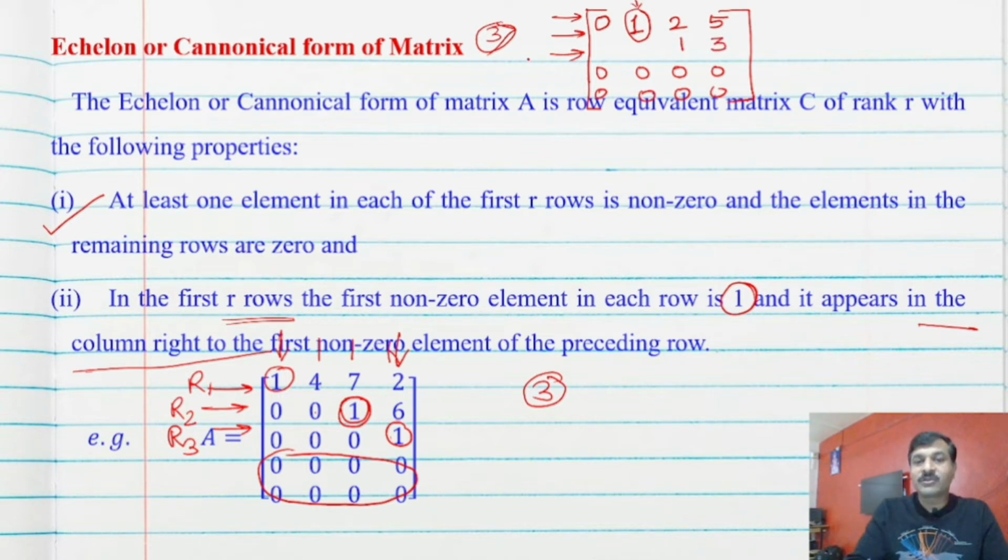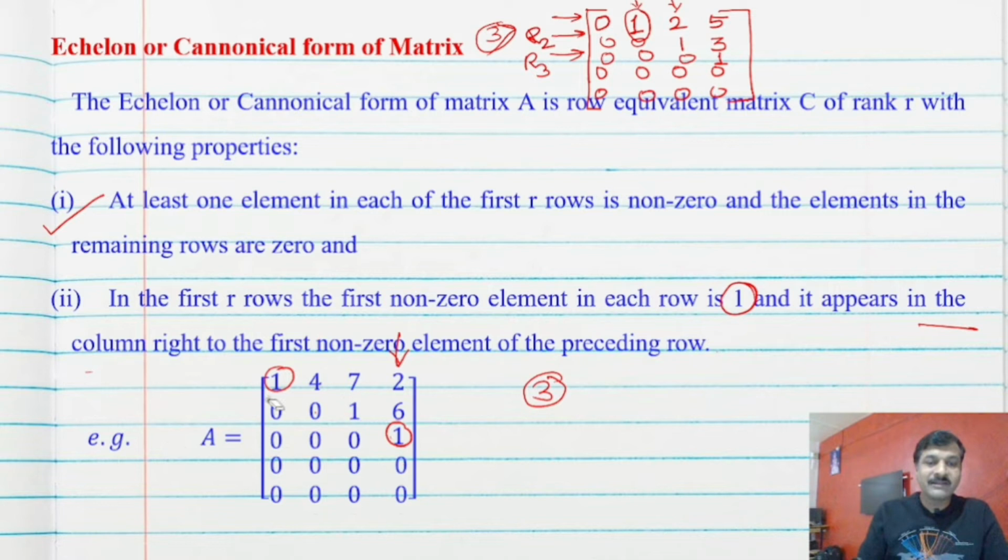In the third row, the previous row is R2. In the second row, the first non-zero element is present in the third column, so there is only one chance, that is the last column, and it is 1. So this is an echelon form.